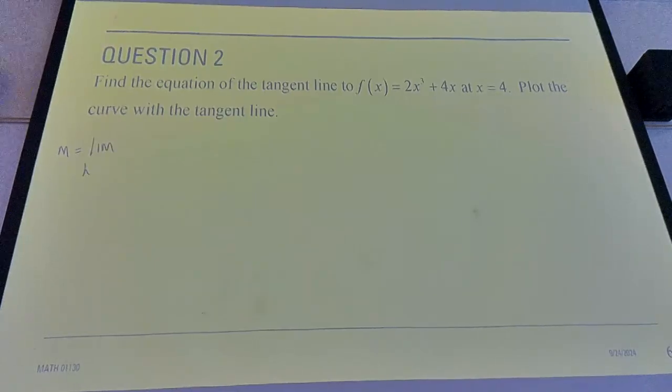Limit as h approaches 0, f of a plus h minus f of a. What is f of 4? All over h.